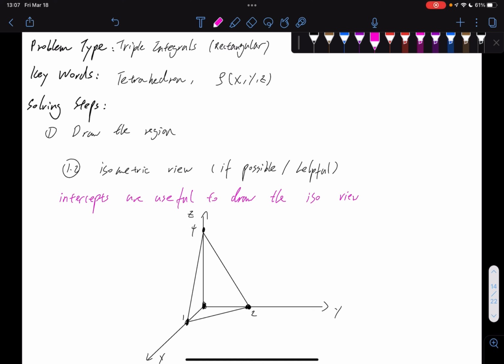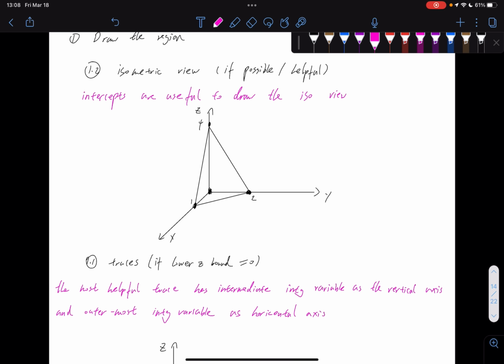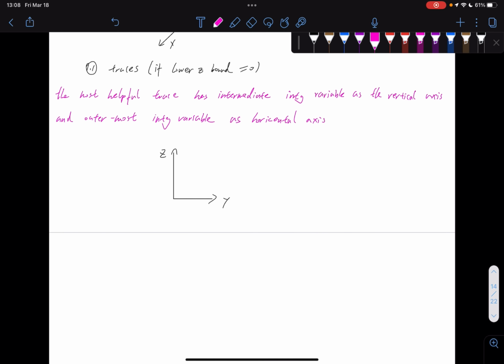If you notice, these three lines are inside the plane. If you cross any two vectors expressing the lines, you can get the normal vector. So let's start finding the vectors.